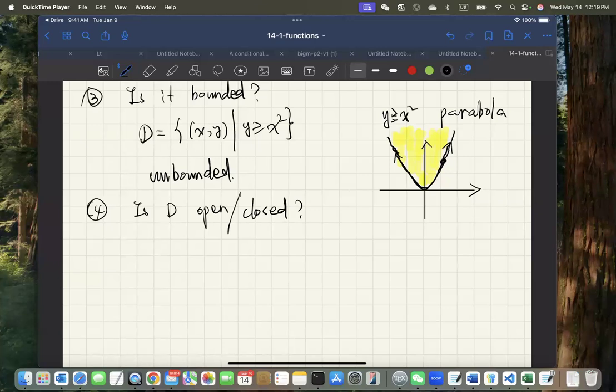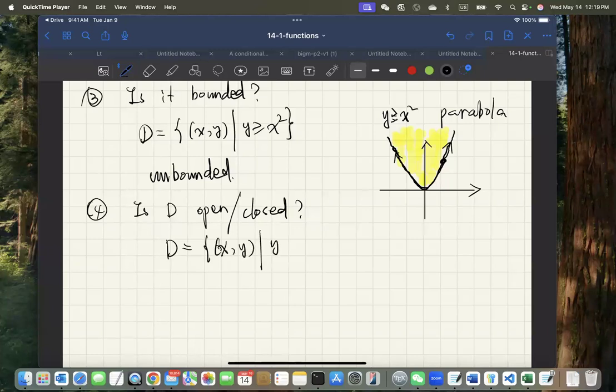In general, if a domain is given by an inequality, and the inequality is a greater than or equal, non-strict inequality, then it is closed.